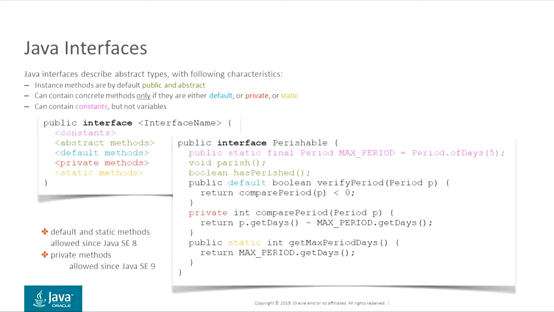In SE8, default and static methods were introduced to interfaces, and in SE9, private methods were introduced as well. The thing is, having concrete code in an interface shouldn't really bother you so long as you're not causing a conflict when implementing that interface.